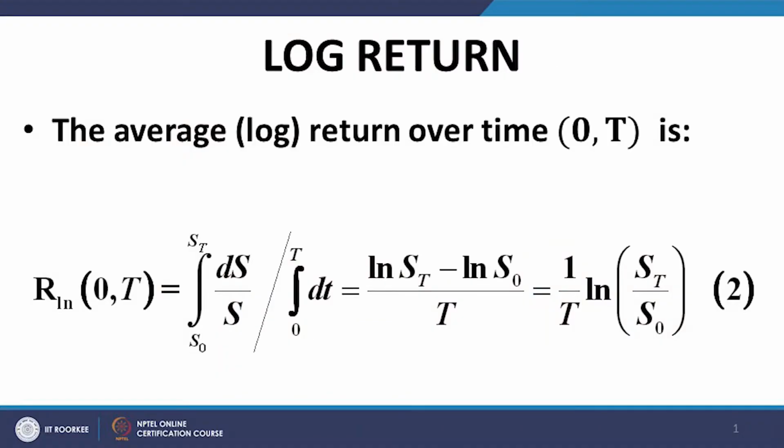When we talk about a finite time period 0 to capital T, the average log return over the time period can be worked out as shown in equation number 2, and we get 1 upon capital T times the natural log of the ratio of the price at capital T of the investment with reference to the initial value of the investment. The expression is given in equation number 2 at the right hand corner.